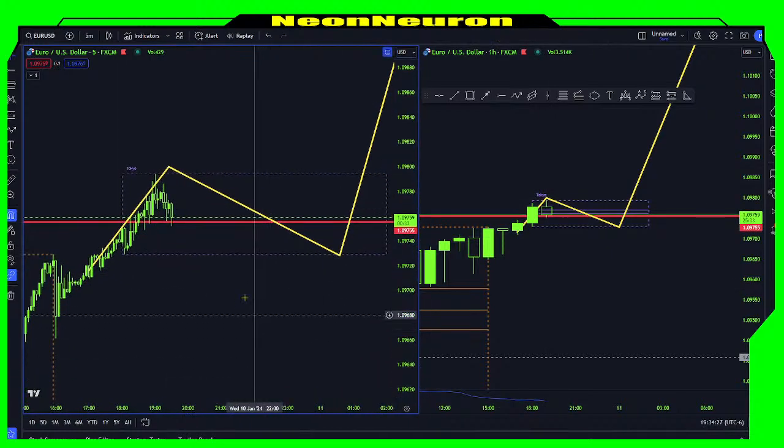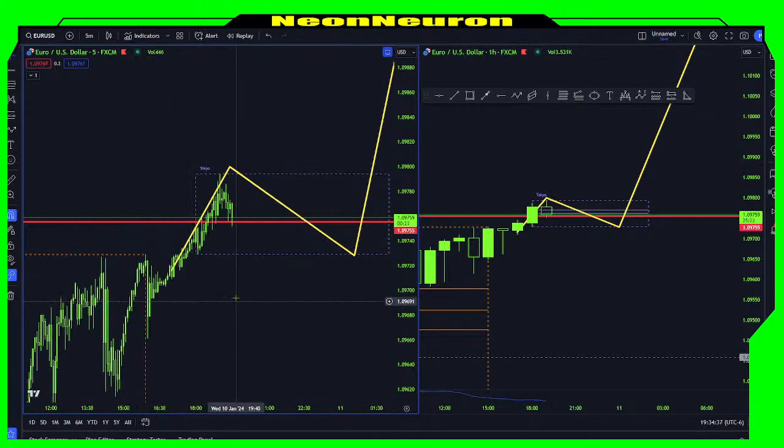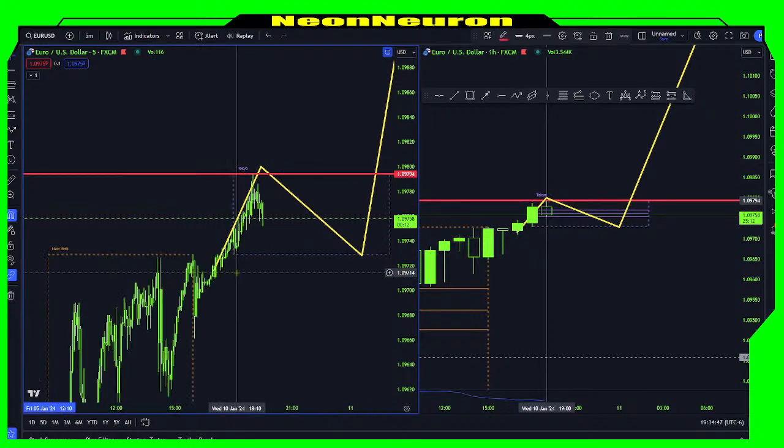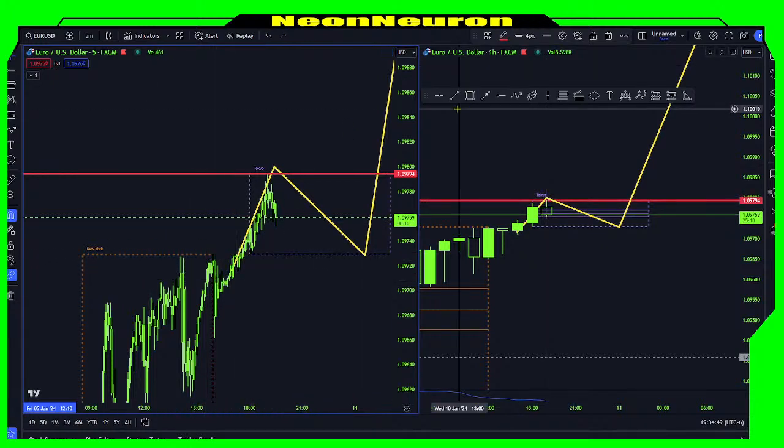But I'm looking at opportunity here, because if this is what I'm anticipating, this kind of price action, then we have a new support and resistance zone right in here in Tokyo. So we can move this. We got the high up here. And then we have the Tokyo low, which is playing off the New York high.